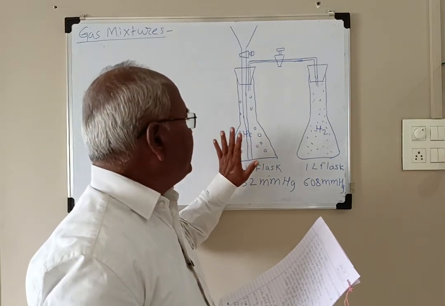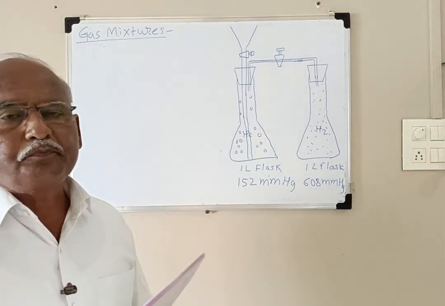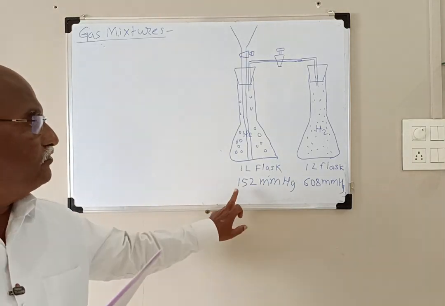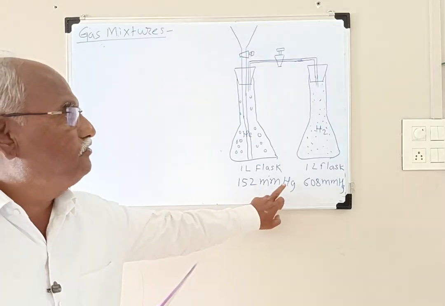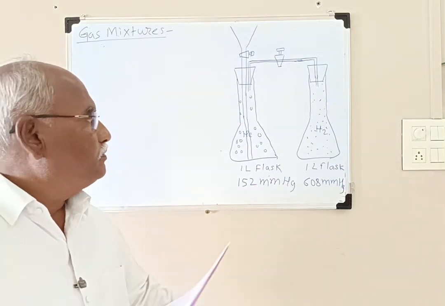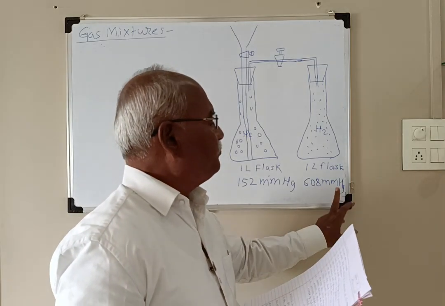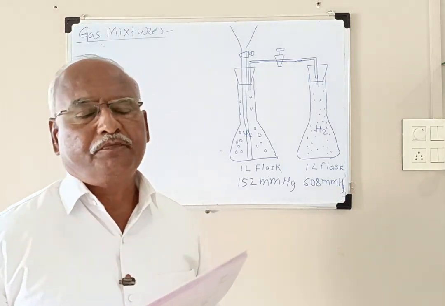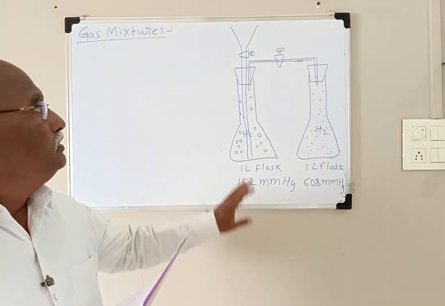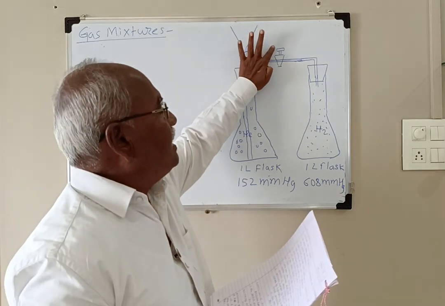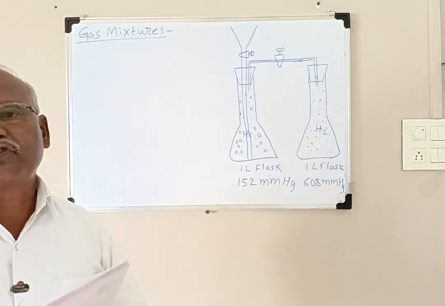So the pressure exerted by helium is 152 mmHg. The pressure exerted by hydrogen is 608 mmHg. These corks or valves are closed.